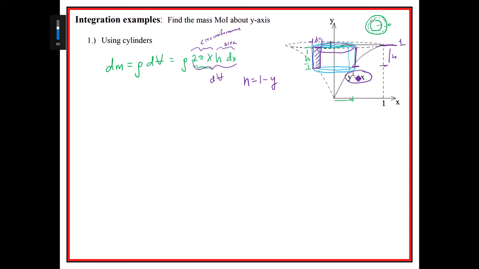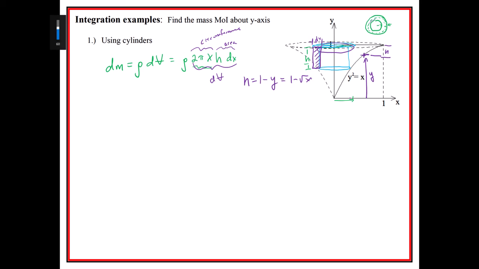This is the value of y at a particular point. For this x and y right here, here would be the height. So the height is 1 minus y, which is equal to 1 minus the square root of x.